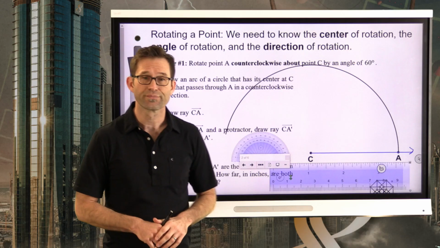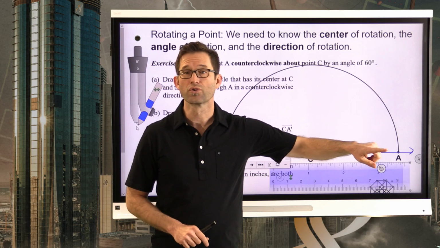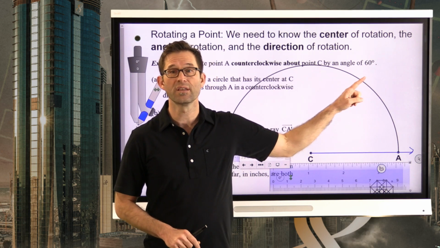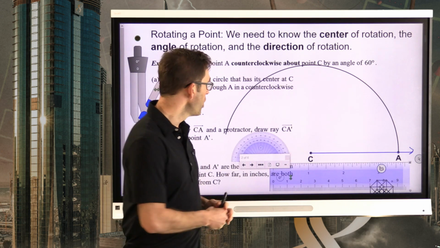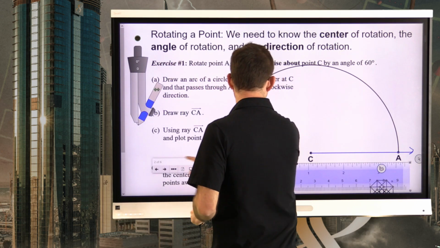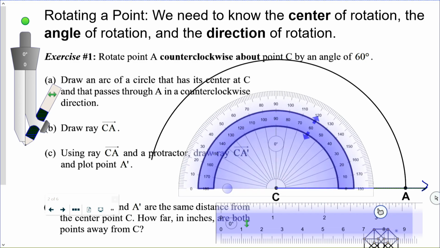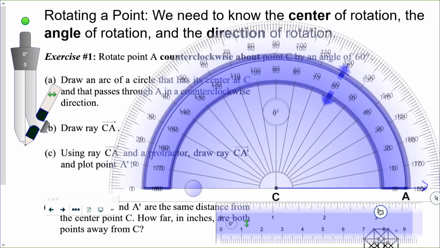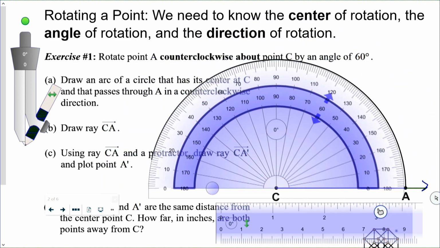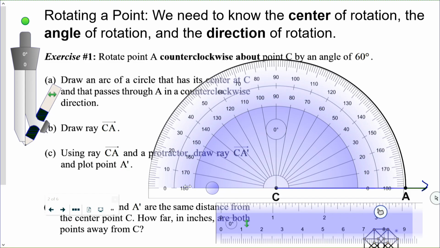Now remember, what we're trying to do is rotate this by 60 degrees. So we're going to take our protractor out, and we're just going to create a 60-degree angle. Let me expand this a little bit, and in fact, I'm going to expand it to just right about there.